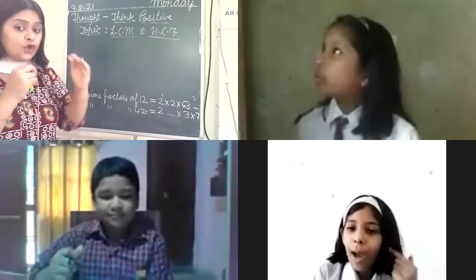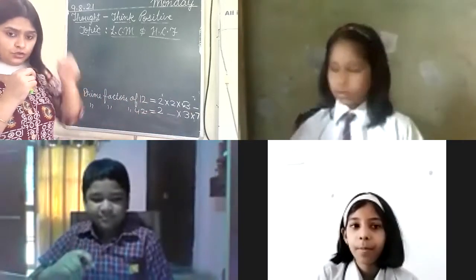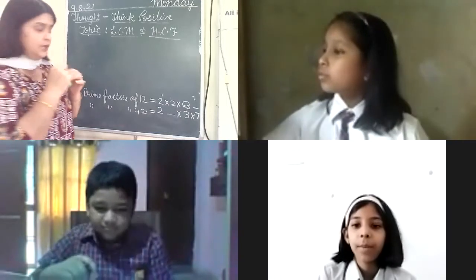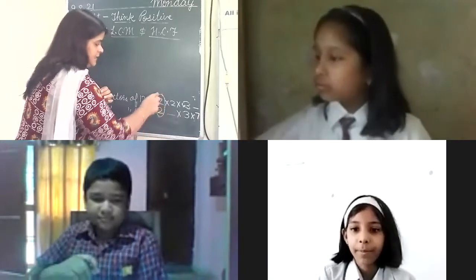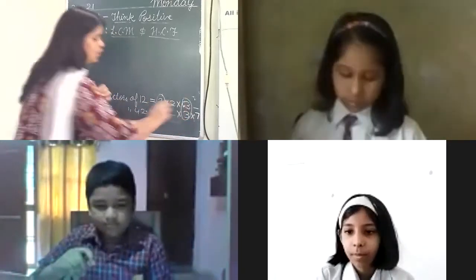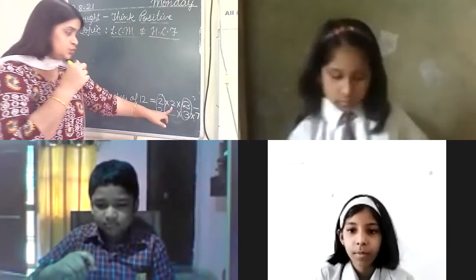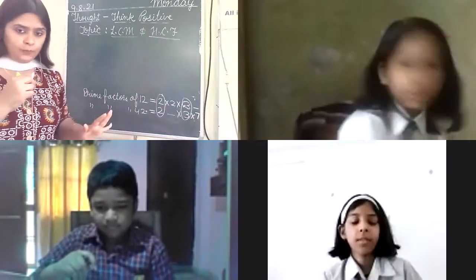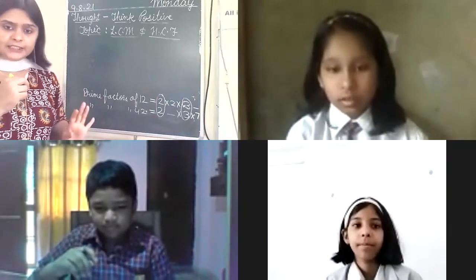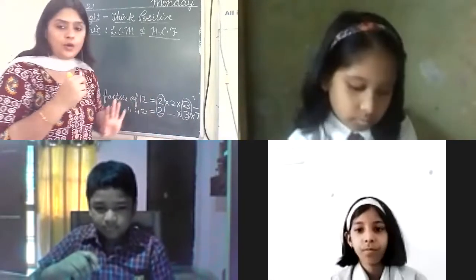As we have written down the common factors just below it. Yes, 2 and 3. This 2 and this 3 are the common factors, but this 2 and this 7 are not common here. Is it clear? Only 2 and 3 are common in both the numbers.